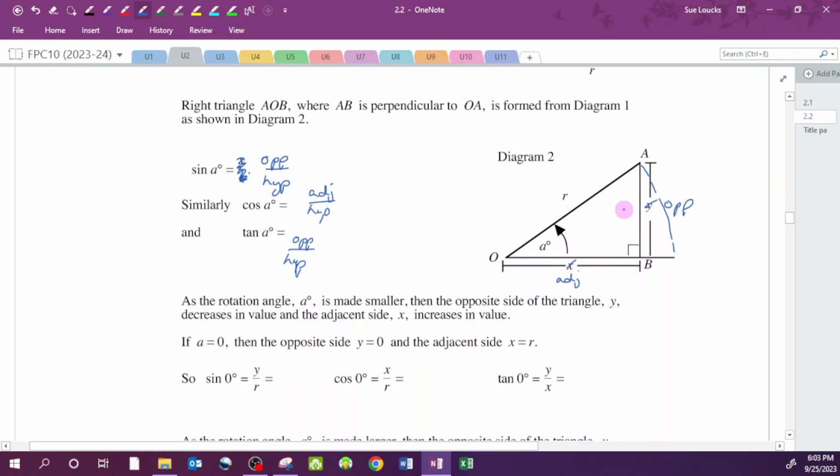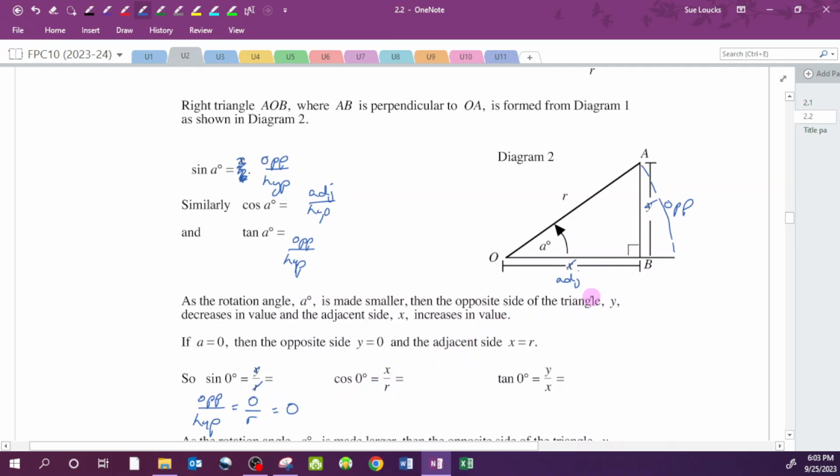The sine is opposite over hypotenuse, so the opposite is going to get closer and closer to 0, and the hypotenuse is going to stay r. So this is going to be 0. So the sine of 0 degrees equals 0.